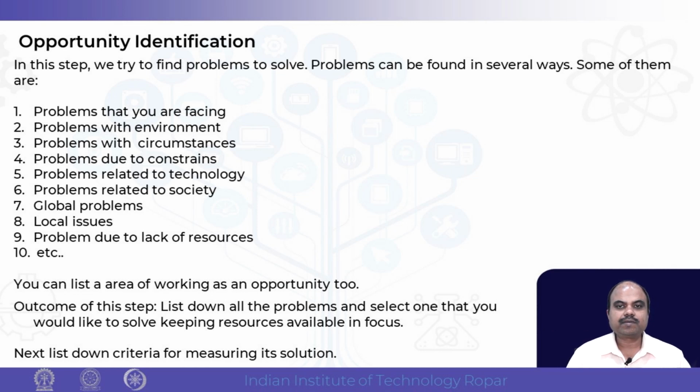I'm giving some examples of students and academics, but it could be applicable to any other areas also. Then problems related to technology. There are so many technologies available. Somebody may have a tablet, somebody may not; somebody may use a laptop, and somebody's laptop may be old. So there can be issues with technology.